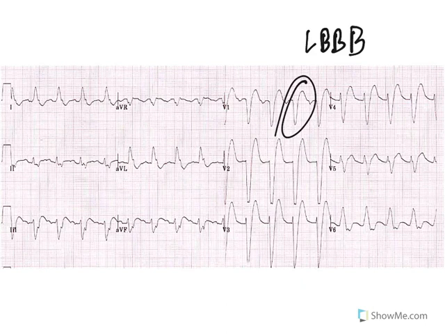Sort of a rightward shift to the heart. And that's exactly what's happening, right? Because all of the electricity is having to go through that right bundle. It can't go through the left bundle.